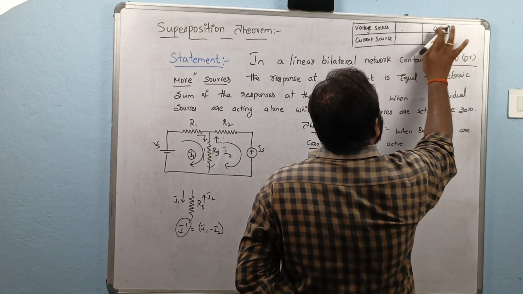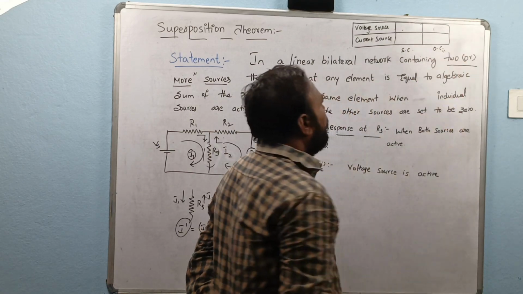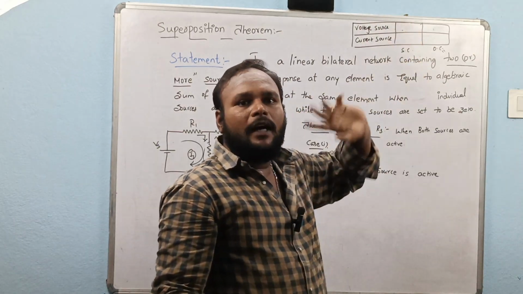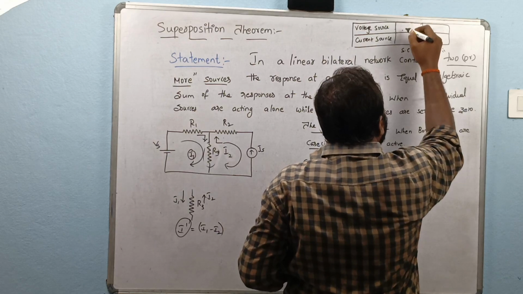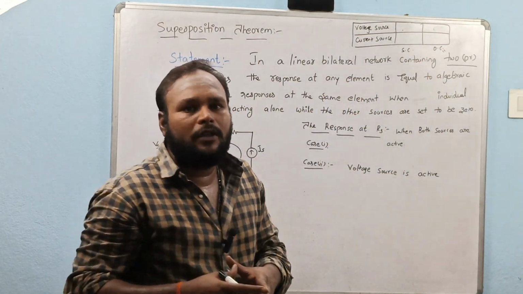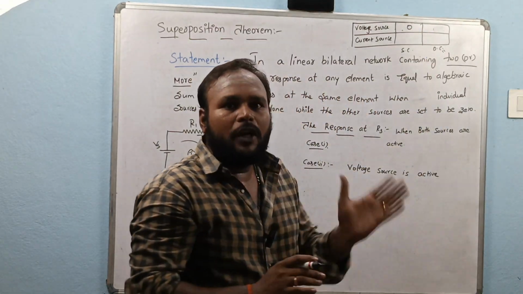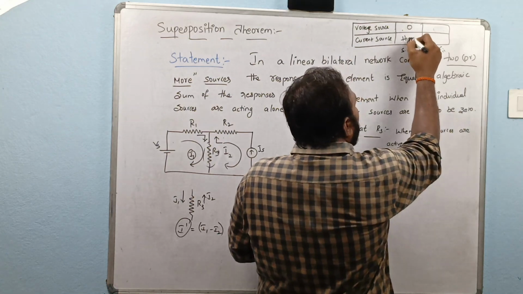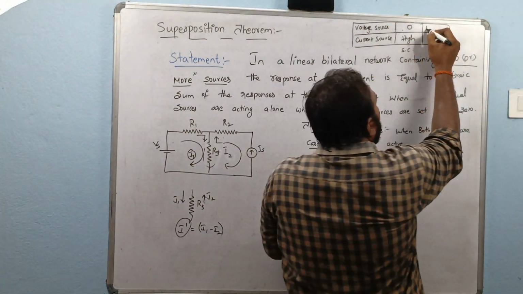We can write these two things here. If you want to make the voltage source 0, then you make a short circuit. So in short circuit, voltage source is 0. In short circuit, current source is high. In open circuit, voltage source is high.